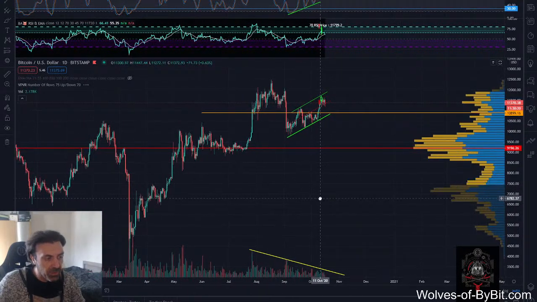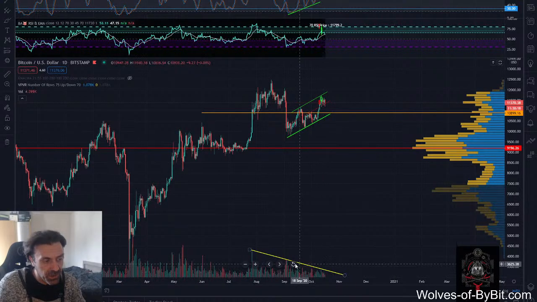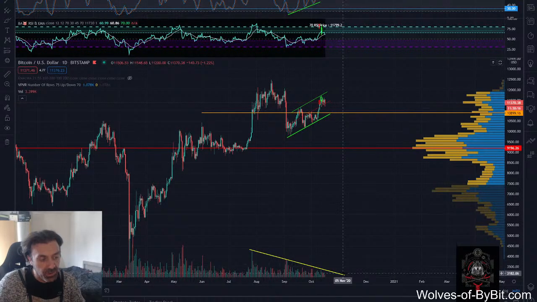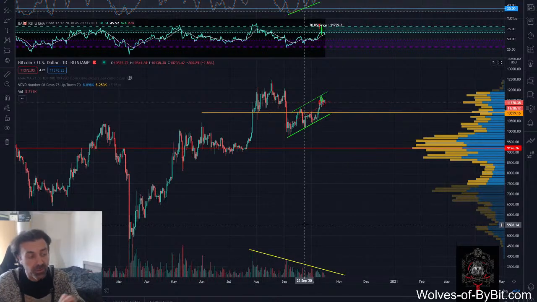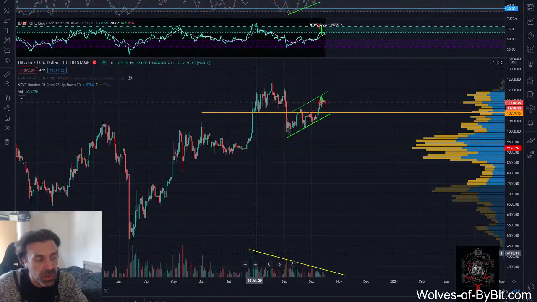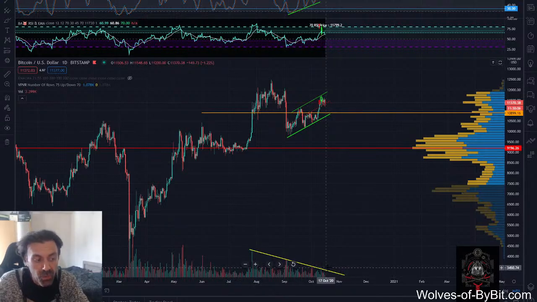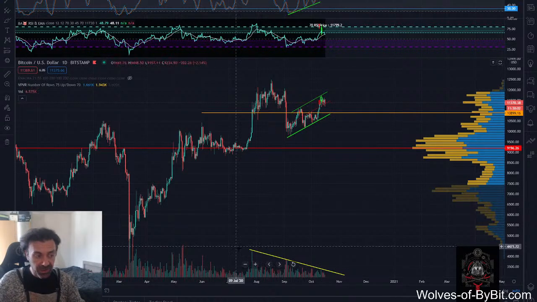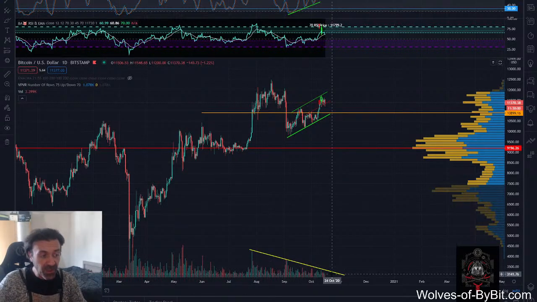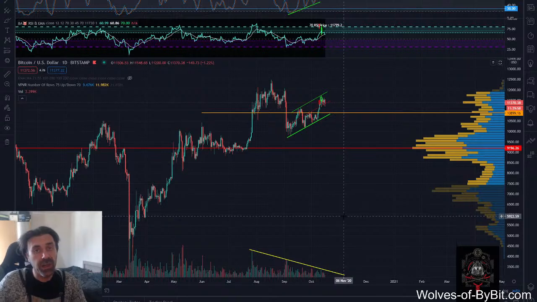I hope you remember this yellow line here that I've been drawing on the volume. And what can we see? This is crazy. This volume profile, this volume line is like almost completely full. Volume is following this trend line, and eventually it's going to break out. There will be a strong move.